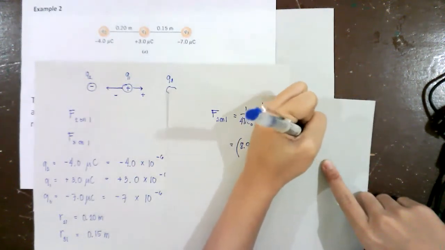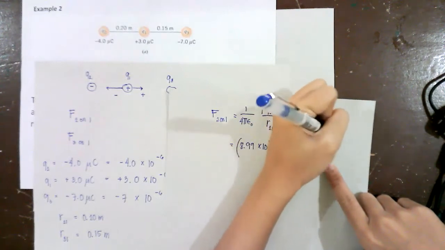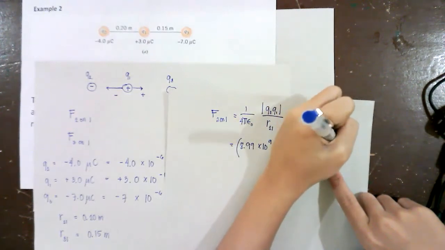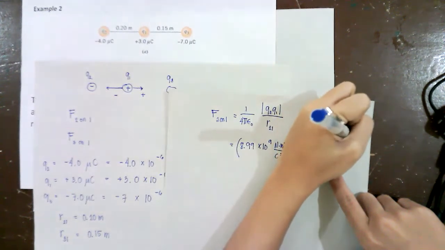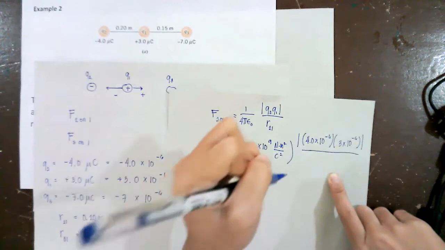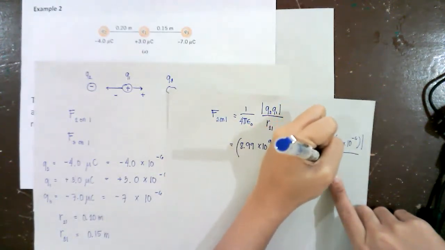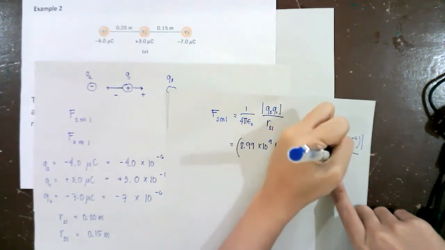First, that's 4 times 10 raised to negative 6. Then multiply it by 3 times 10 raised to negative 6, over 0.20 or 0.2 meters squared.